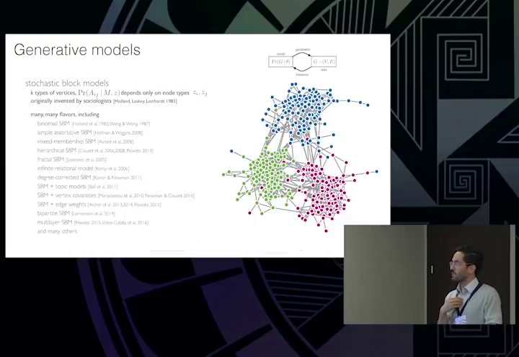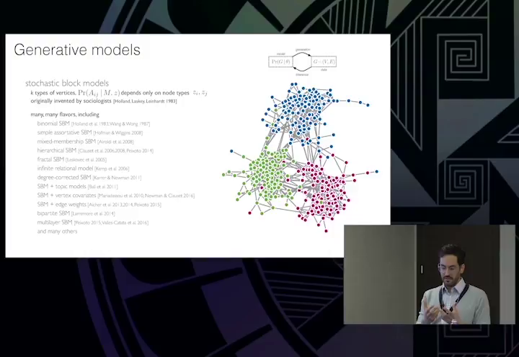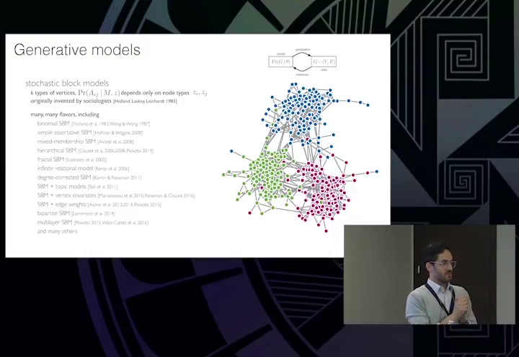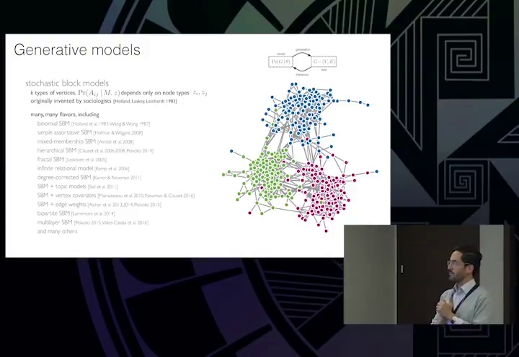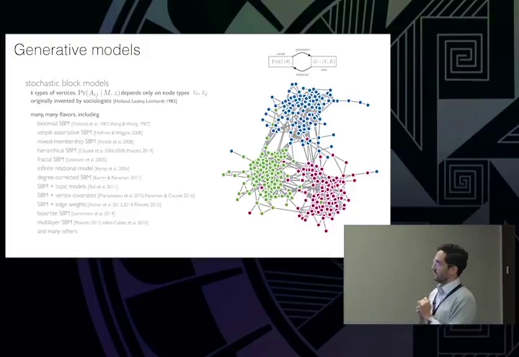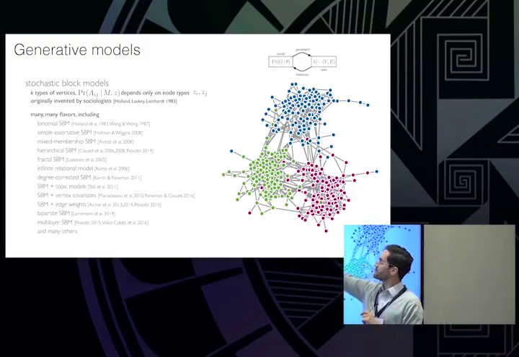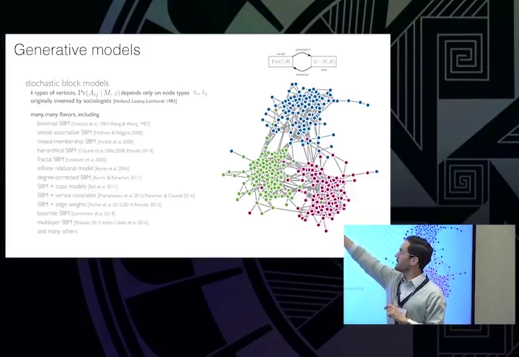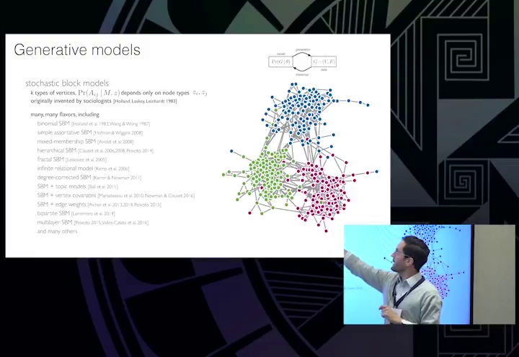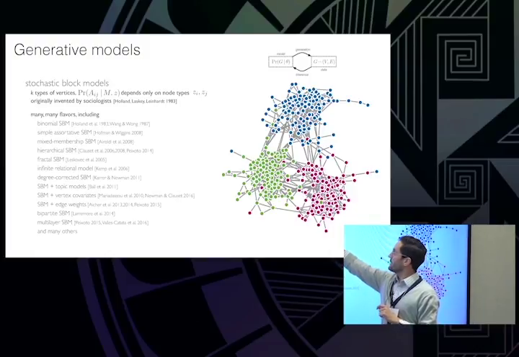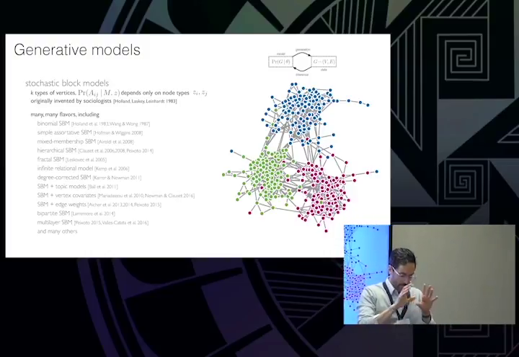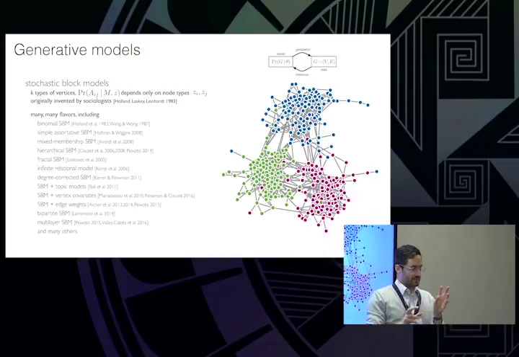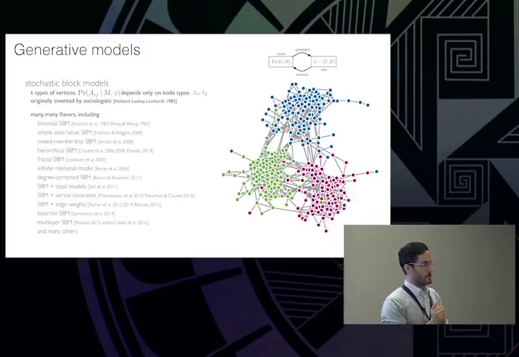Stochastic block models, we basically just divide the vertices into groups. So let's say I have k different groups. In this picture on the right, k equals 3. The probability of an edge between i and j is going to depend on, now I'm introducing the parameters here, m, which is going to be our matrix that tells us how the different groups relate to each other.